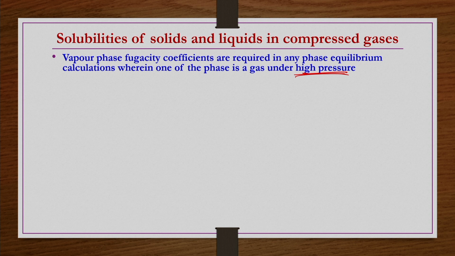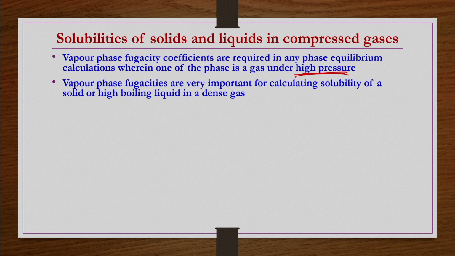If we have phase equilibrium problems where the vapor phase is at high pressure, then the principles that we are going to discuss in this lecture are going to be very useful, because vapor phase fugacities are very important for calculating the solubility of a solid or high boiling liquid in a dense gas.